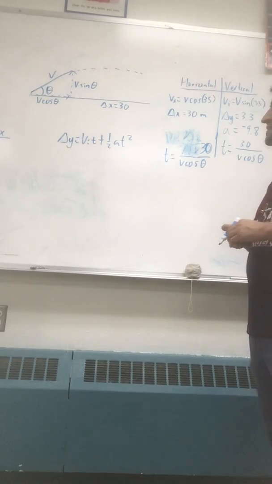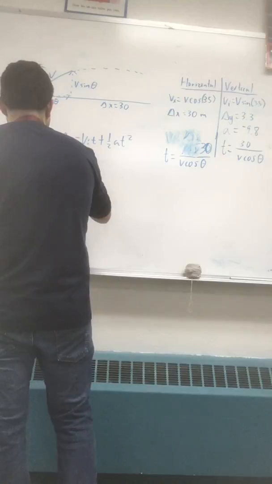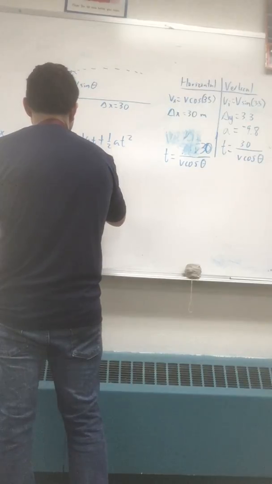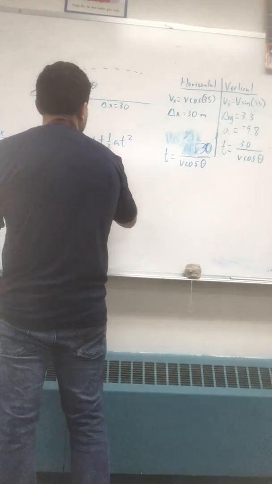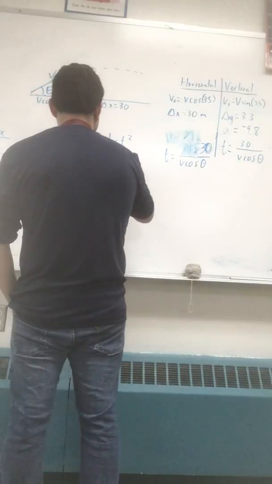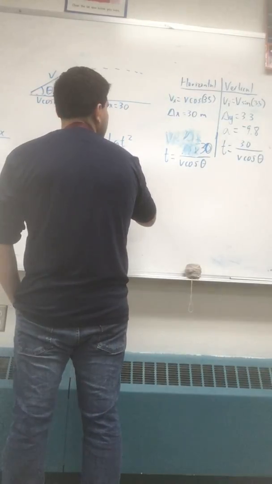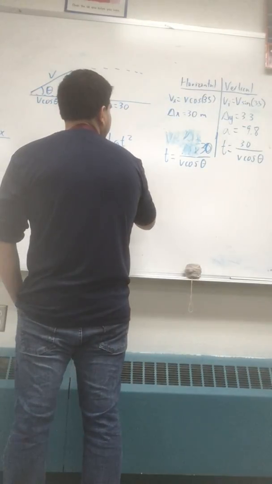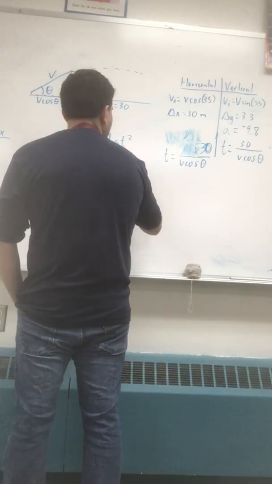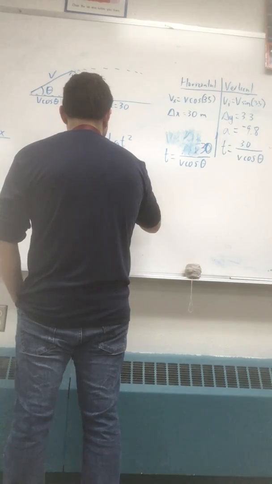I'm going to plug in the things I know. So I know my change in y. My VI is V sine of the angle times my time, and my time is equal to my change of x over V cosine of the angle.